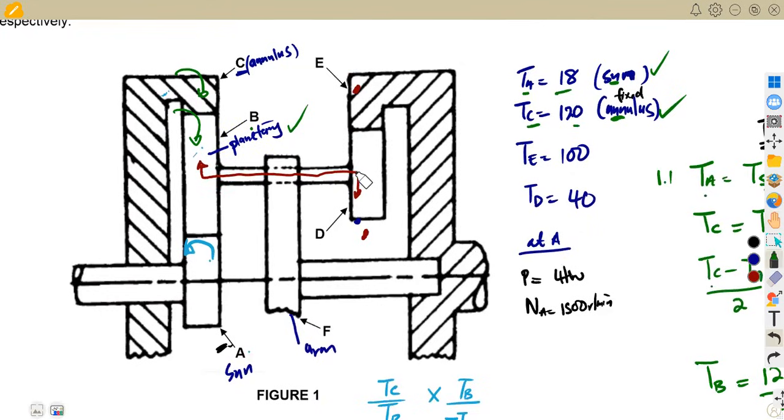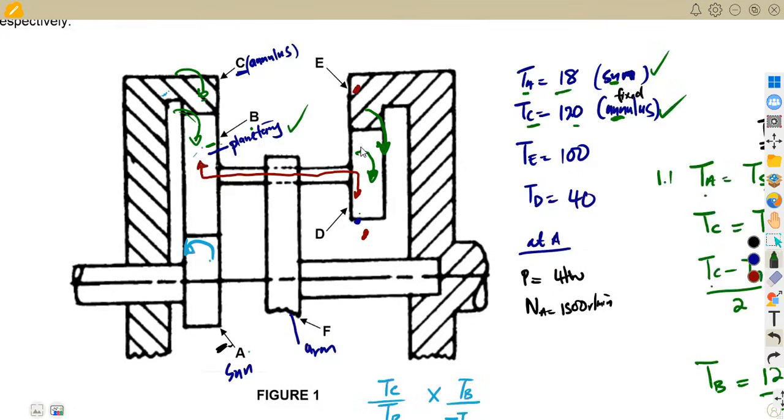So here E is going to be affected by D. Since this is going clockwise, we are going to consider D going clockwise because of the linkage. It's on the same speed with the planet. So as D rotates clockwise, E is going to maintain the same property as the annulus also. So this is going to be considered clockwise.